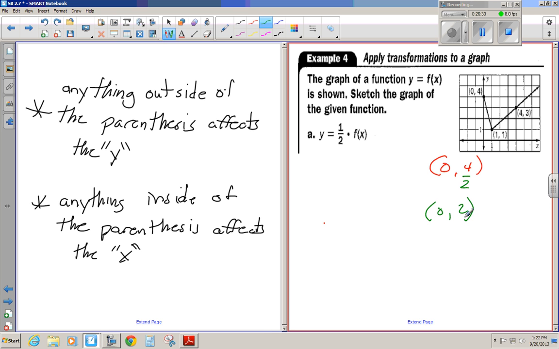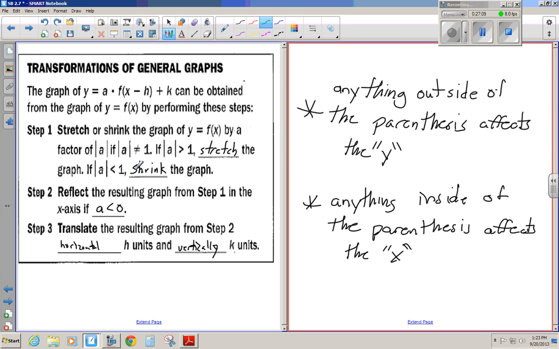Becomes 0, 2. 1, 1 gets cut in half and becomes 1, 1 half. 4, 3, the 3 gets cut in half and becomes 4, 3 halves. So now apply your points. 0, 2, 1, 1 half, 4, 1 and 1 half. So basically this has been shrunk, which is what this said to do. A was less than 1, then you just shrink the graph.